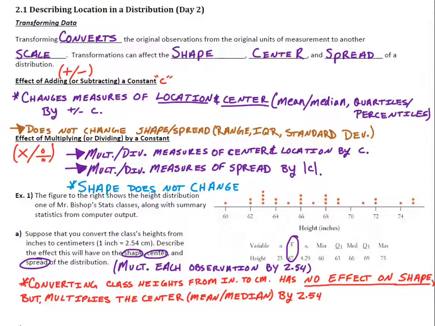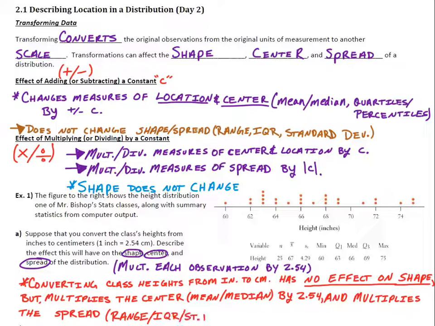So spread, we're talking standard deviation, right? So we take the standard deviation, and we're not multiplying by a negative, so it's pretty easy, and just multiply that by 2.54. So it multiplies the spread, in our case, any of range, IQR, standard deviation. Usually we'll use standard deviation, by the absolute value of 2.54, which is just 2.54.